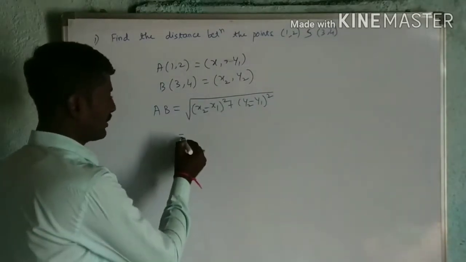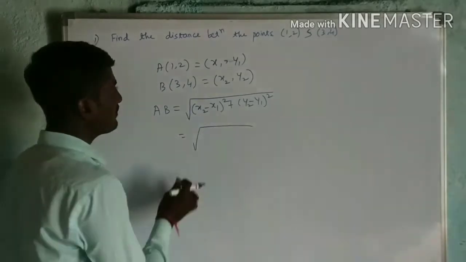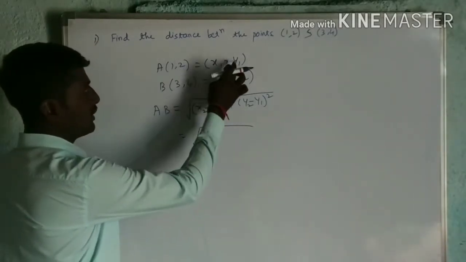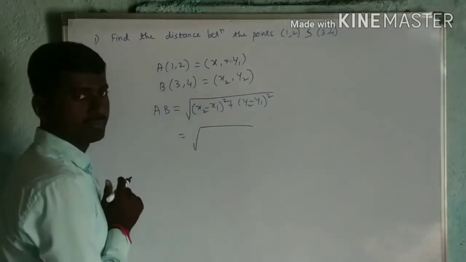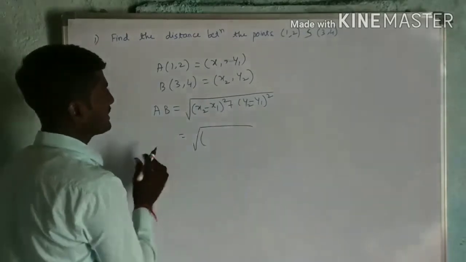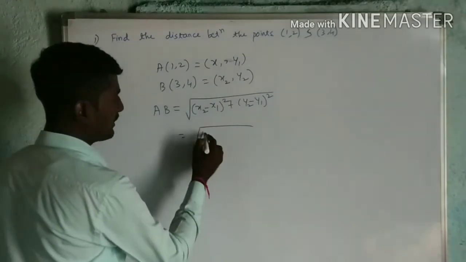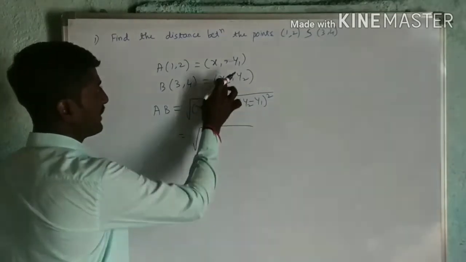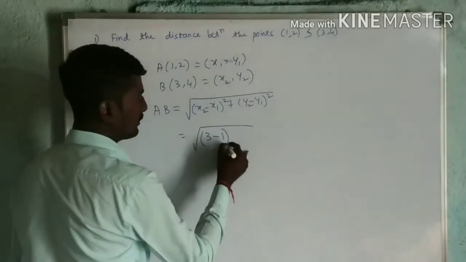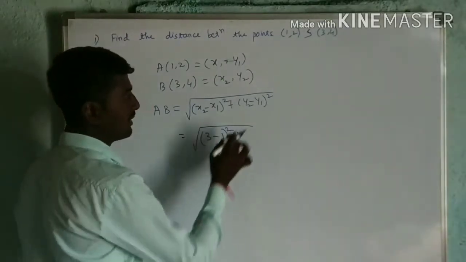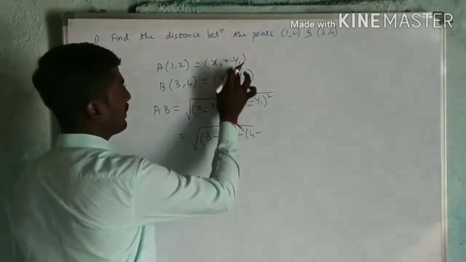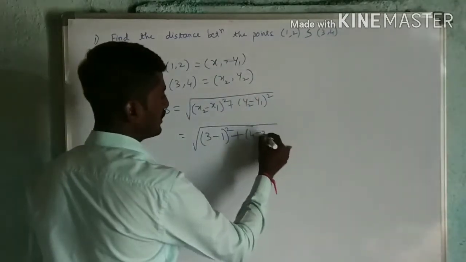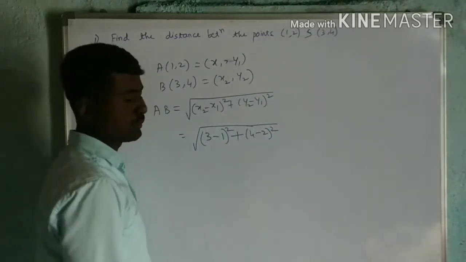Now this is equal to, let us substitute the values. Here x1 is 1, y1 is 2, x2 is 3, y2 is 4. Now x2 minus x1, x2 is here 3 minus x1 is nothing but here 1 whole square plus y2 is here 4 minus y1 is here 2 whole square.